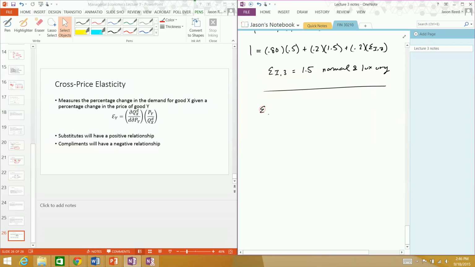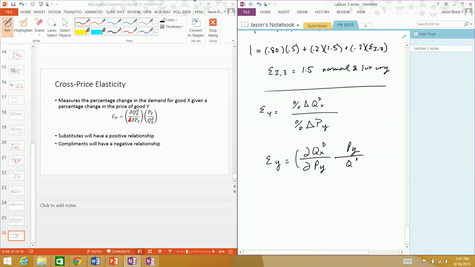And so the intuition behind this cross-price is we're looking at the percentage change in the quantity demanded of good X over the percentage change in price of good Y. And so our point price elasticity, again, remember we need to get rid of that, but our point price elasticity then essentially tells us this is our first derivative of our demand curve with respect to the price of Y times the price of Y over Q_x, right?